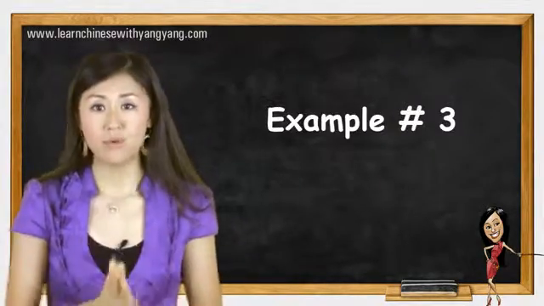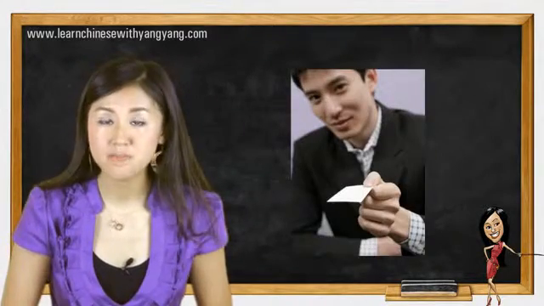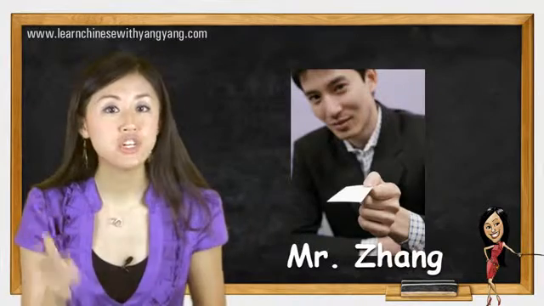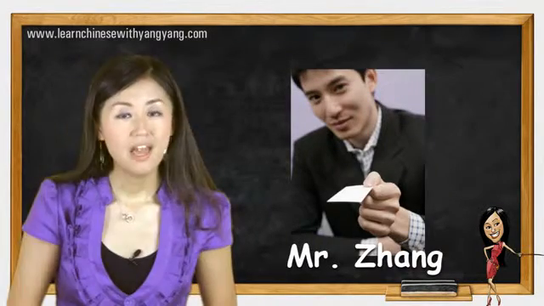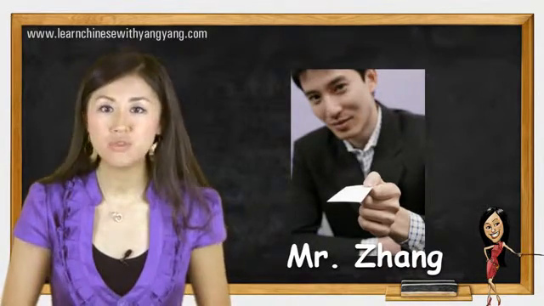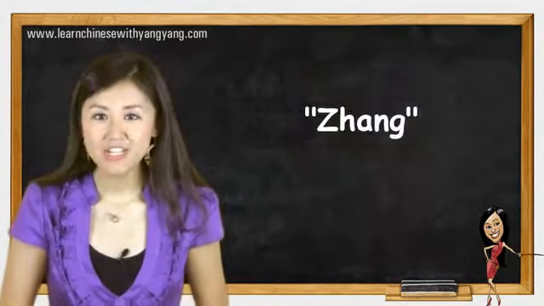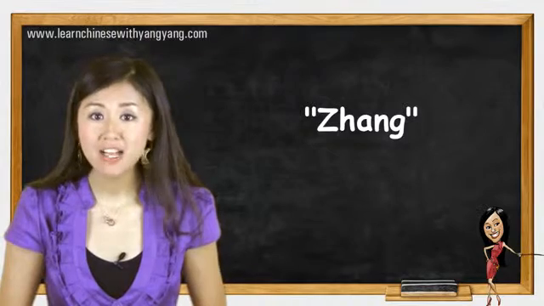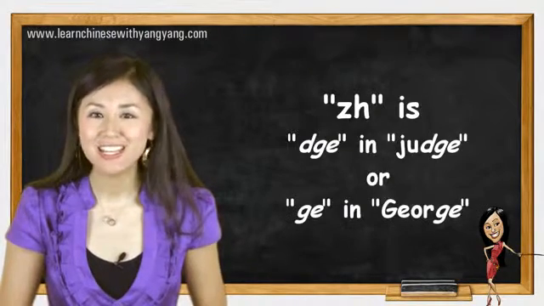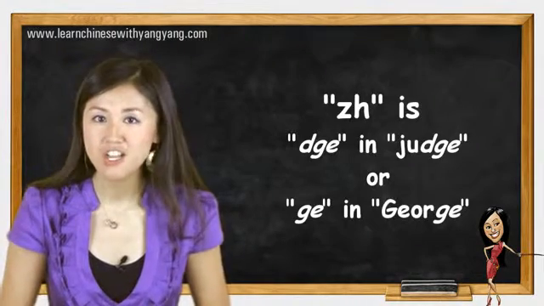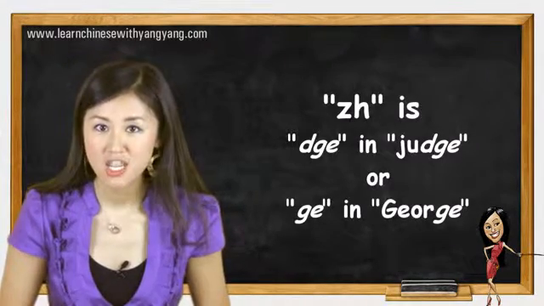Let me give you one more example. If a Chinese businessman hands you a business card, and on the card it reads Mr. Zhang, how would you address him? Would you address him as Mr. Zhang? No. Zhang is pronounced as Zhang. ZH in Chinese sounds like J, like DGE in judge or GE in George.